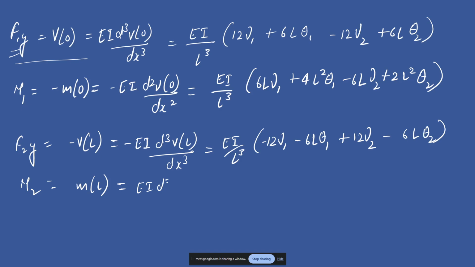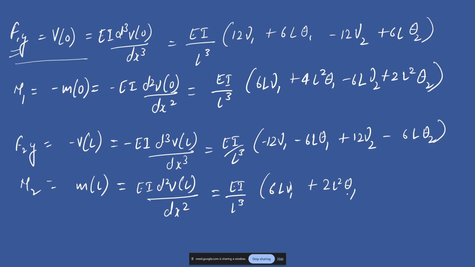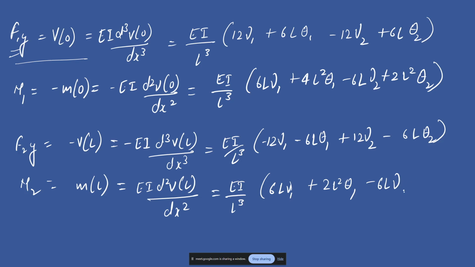by EI your d2v by dx square. So it is given by EI of L cube, 6L v1, your displacement, plus 2L square theta 1, minus 6L into v2, plus 4L square theta 2.